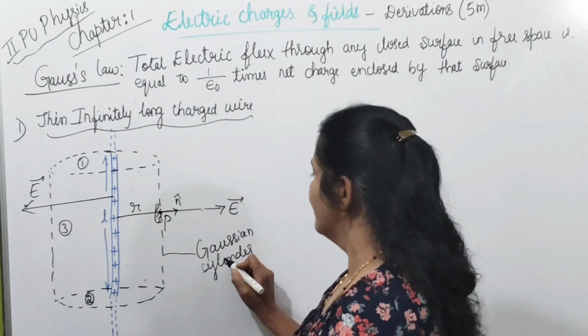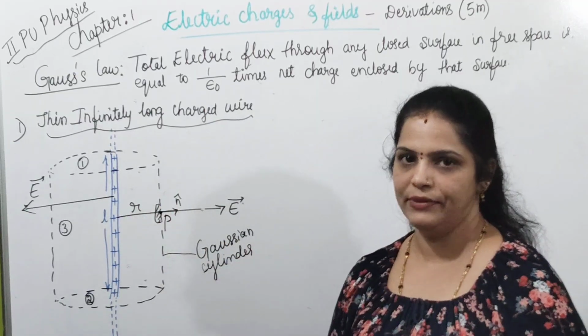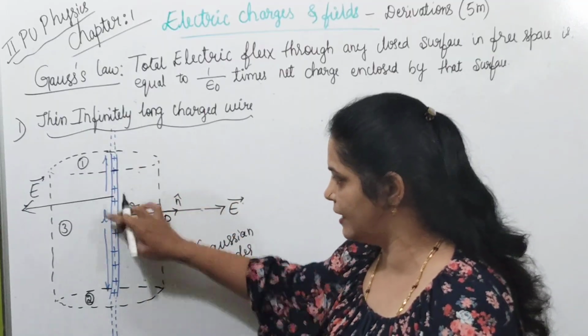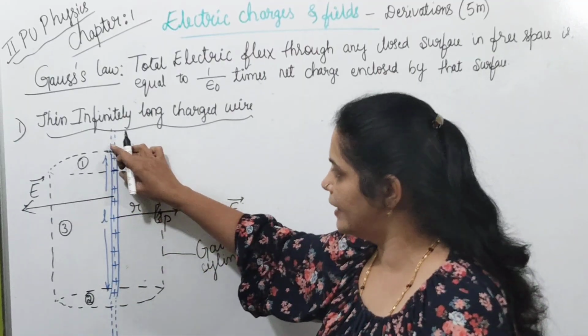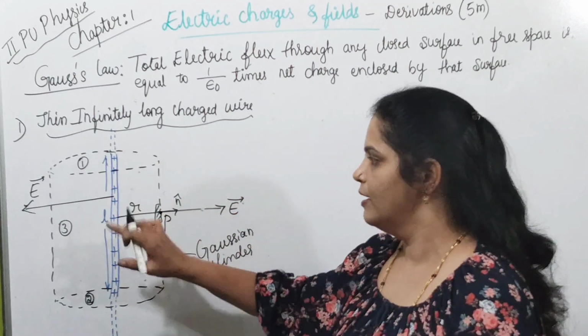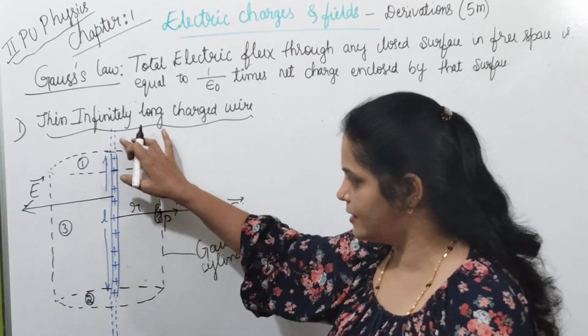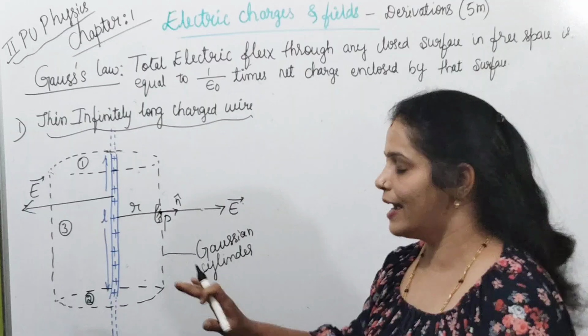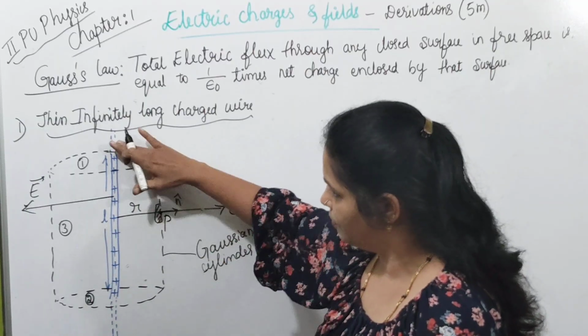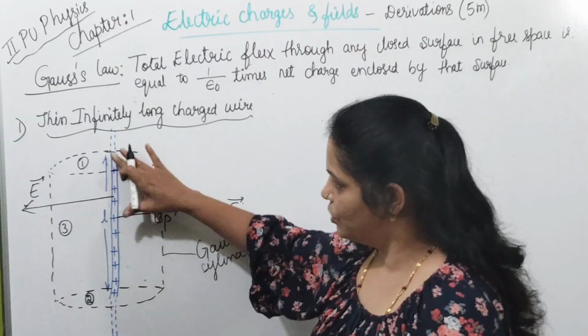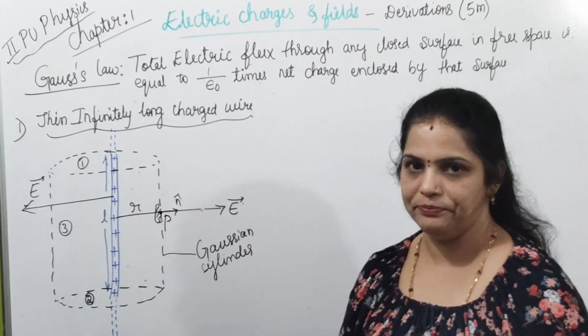The Gaussian cylinder has length L, or height of the cylinder is L, and area A. Is it clear? The height of this cylinder is L, where L is the finite size of the wire. So the Gaussian cylinder should include this part of the wire.